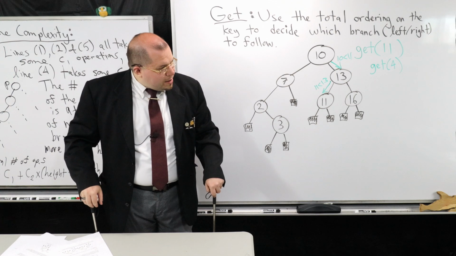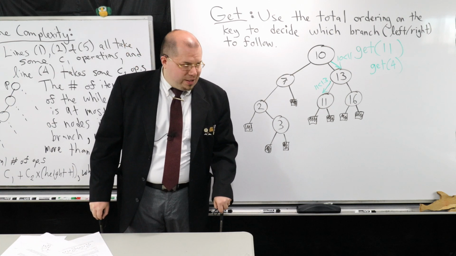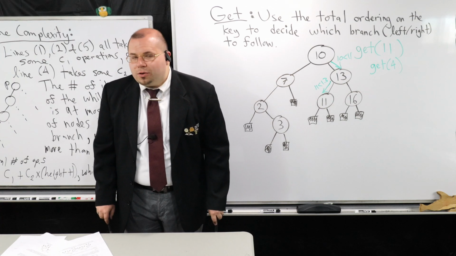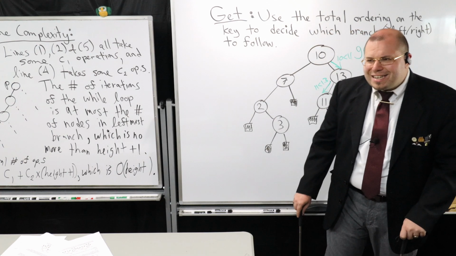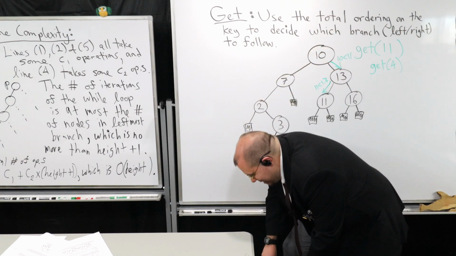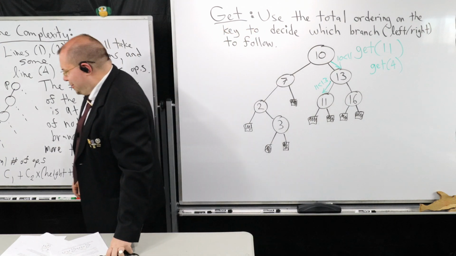Now you can describe this idea in a couple of different ways. I'm going to show you how you can describe it recursively. I'm going to give you a recursive algorithm for this get operation, but I want you to think about it. I'll leave it more as an exercise for you, as I think it's a rather important exercise.